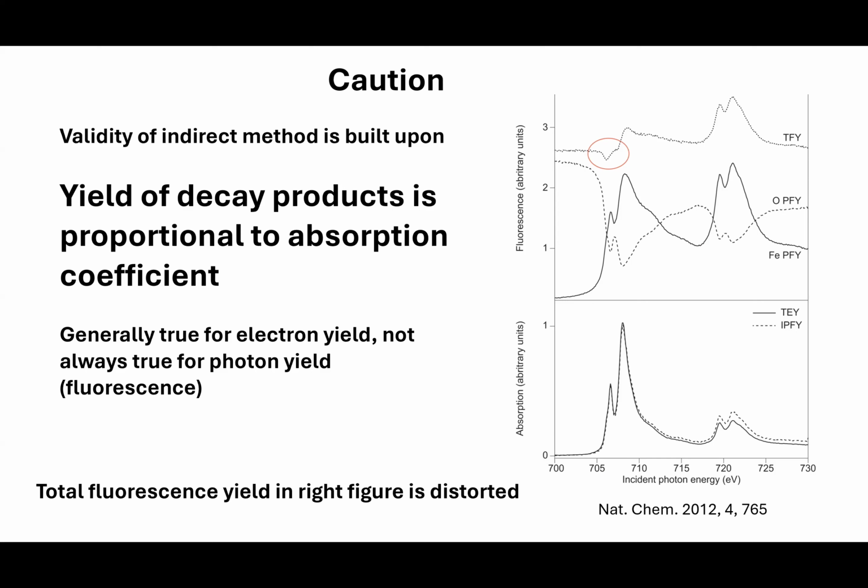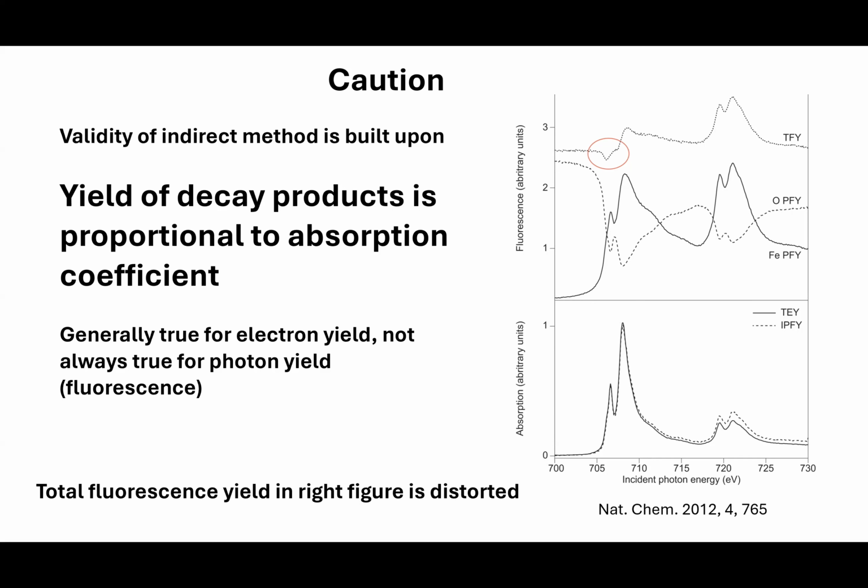When we choose to do the indirect measurements, relying on the decay products, there's an assumption that we have already established. I'm not measuring the absorption coefficient, but I assume the total amount of decay products is proportional to the absorption coefficient.